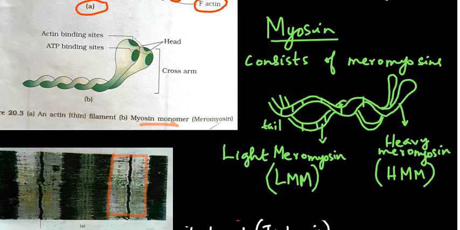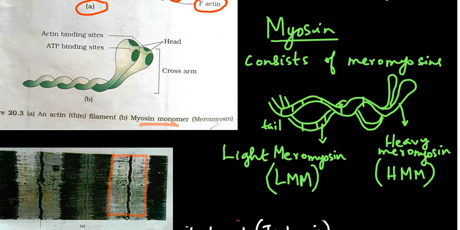This heavy meromyosin consists of two parts. This is the head area, and head is extended a little downwards to form arm. There is a short arm over here.